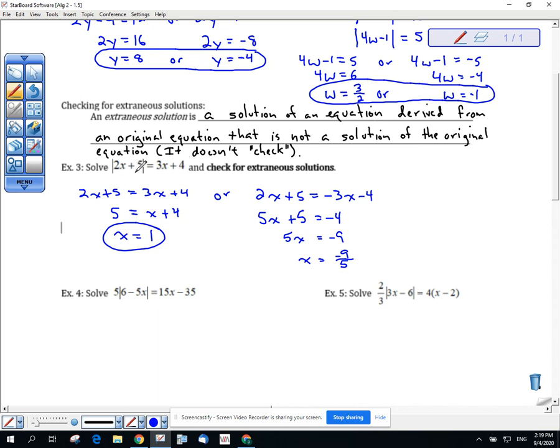So how could we ever take the absolute value of something and have it be equal to a negative number? So without even really getting a specific number for both, I can see that since this is going to evaluate to something negative when I plug negative 9/5 in, these are not going to be equal. So negative 9/5 is actually an extraneous solution.